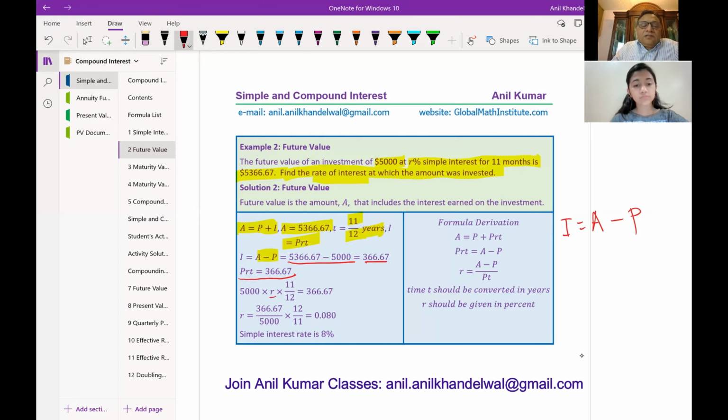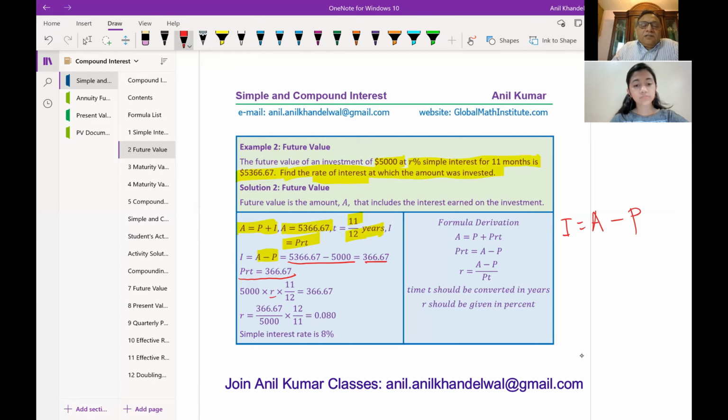And therefore, the amount was P times 1 plus RT, which is equal to 1000 times 1 plus R is 0.05 times T is 8, right? And therefore, we got what? 1000 times 1 plus 0.40, right?